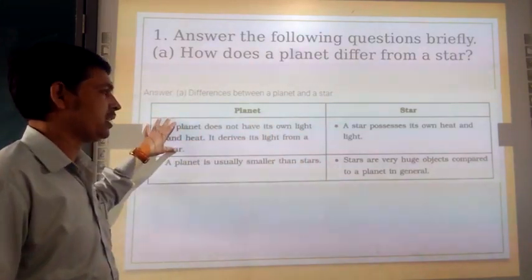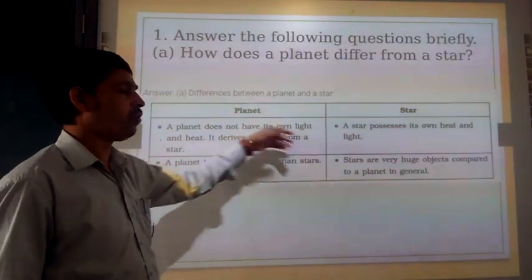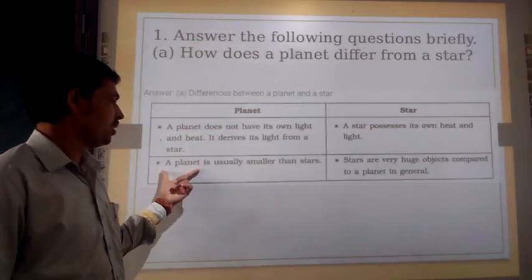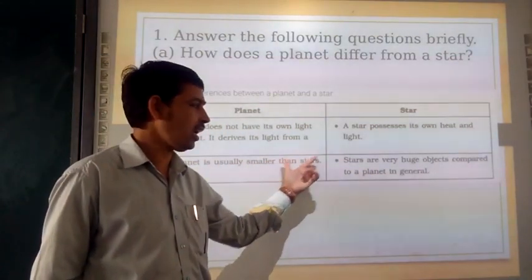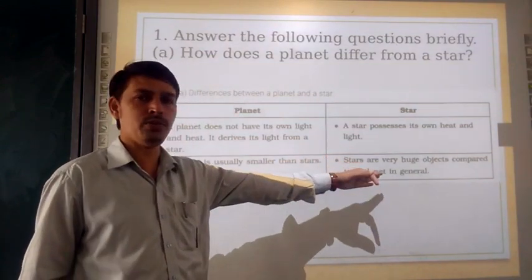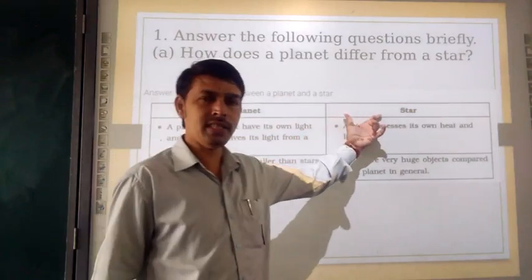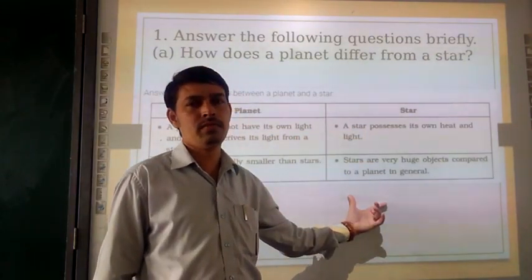The first point is that a planet does not have its own heat and light, and stars have. Planets are usually smaller than stars, and stars are very huge. You can place the example of a planet or the example of a star, the Sun.